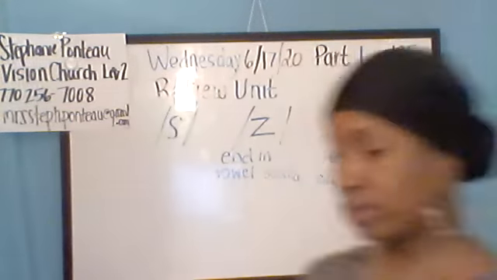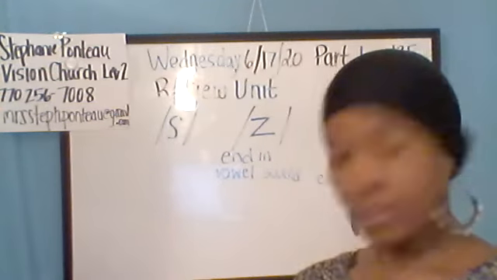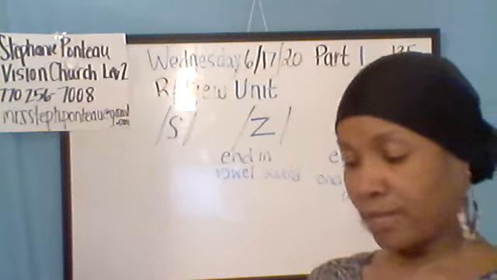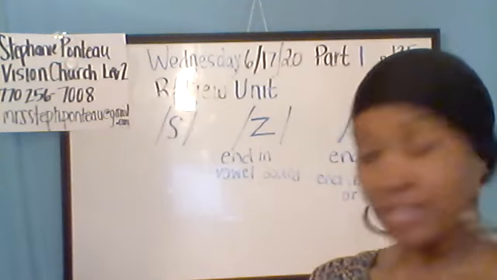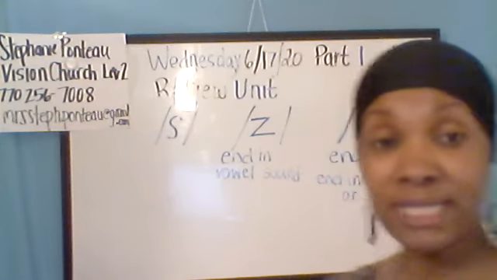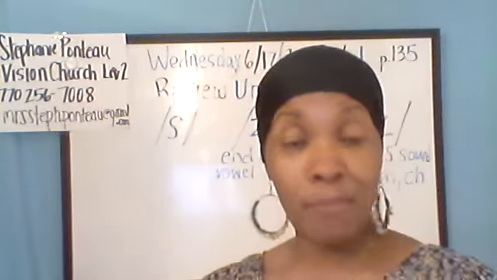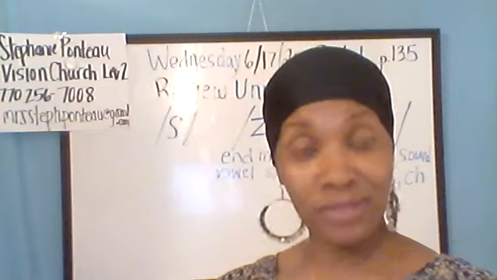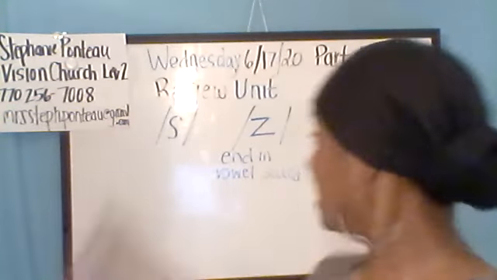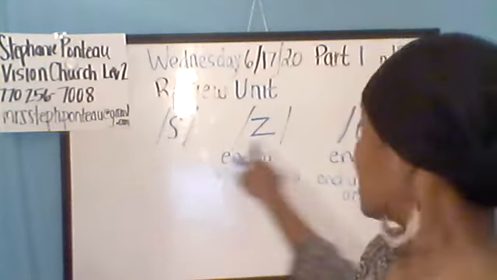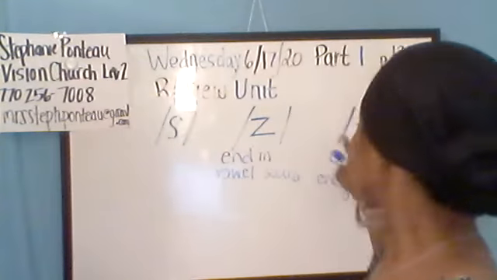Okay, so I think we're at 3C, right? Okay, so listen and check the correct column. So now you're going to listen to them pronounce the words, and you put a check mark under the sound for s, z, or iz.